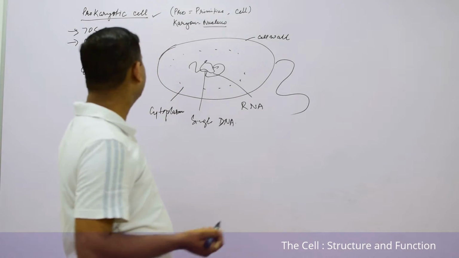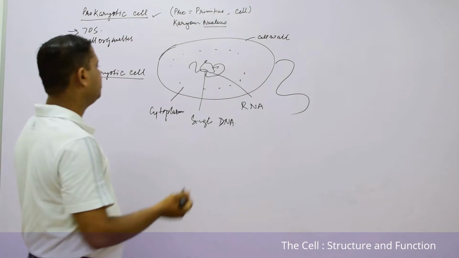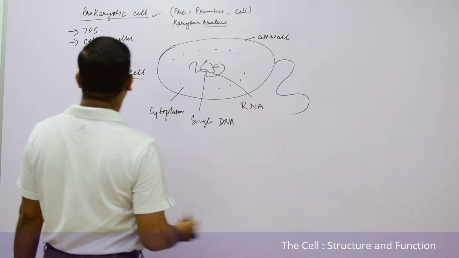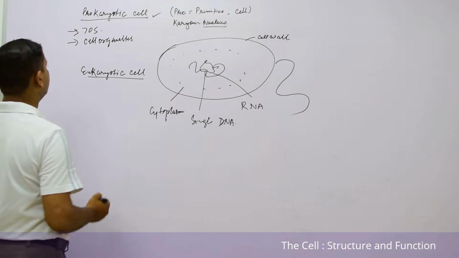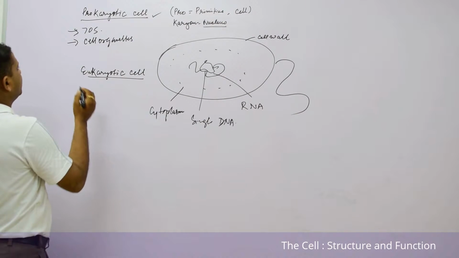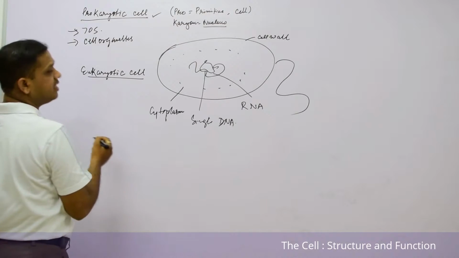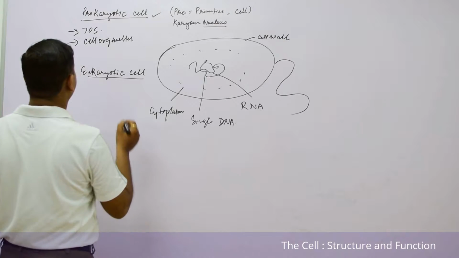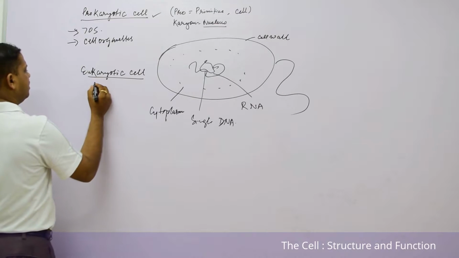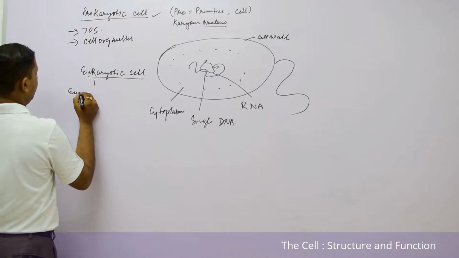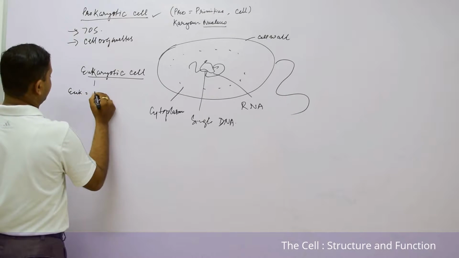Only a few organelles are found, like a primitive type of nucleus, and either one or two mitochondria, also seen for energy production. But in the case of the eukaryotic cell, eu means basically the modern or advanced cell.